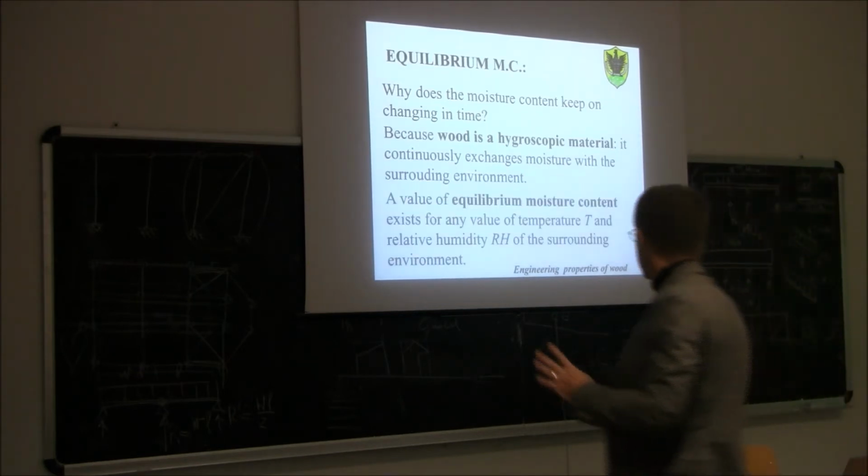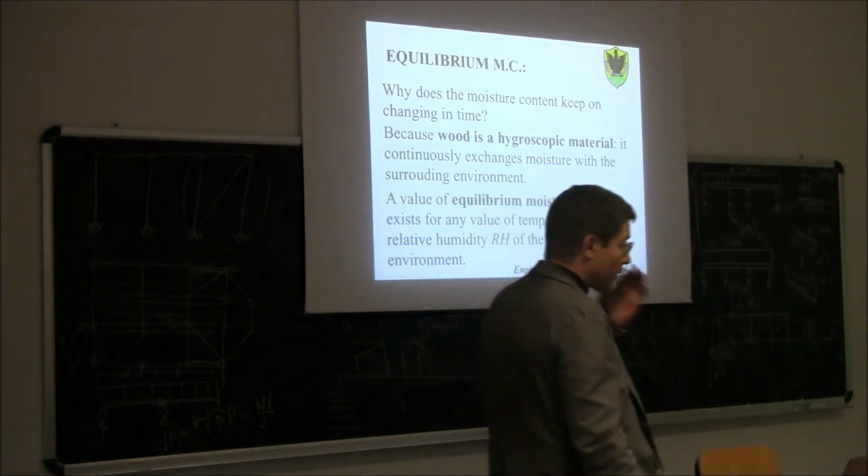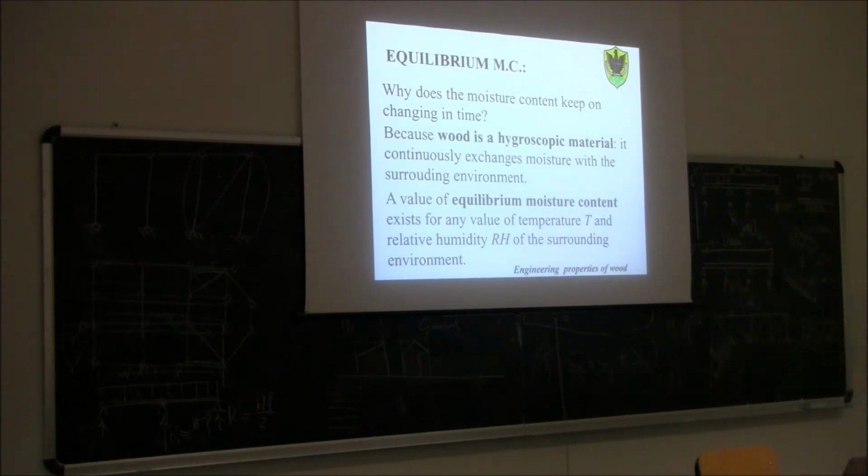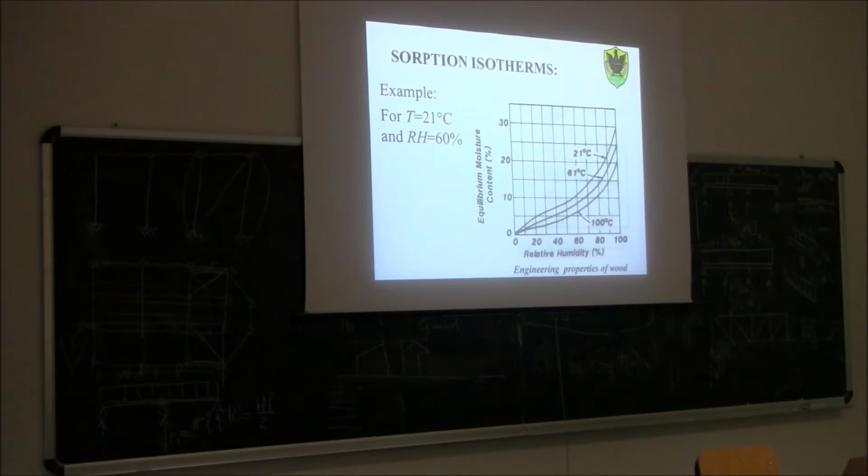The equilibrium moisture content is the value of the moisture content of wood that is associated with certain environmental conditions, so a certain relative humidity and a certain temperature. A value of equilibrium moisture content exists for any value of temperature and relative humidity.